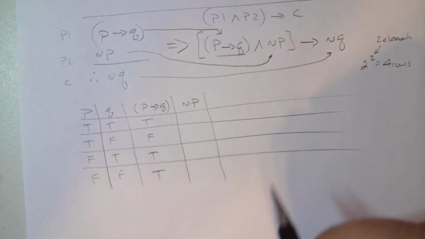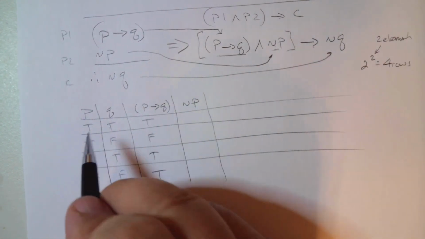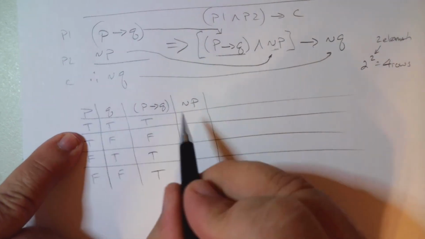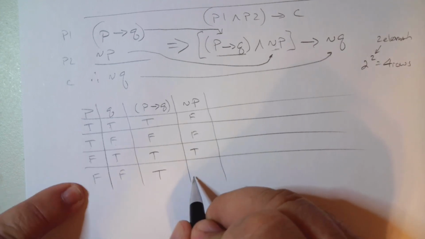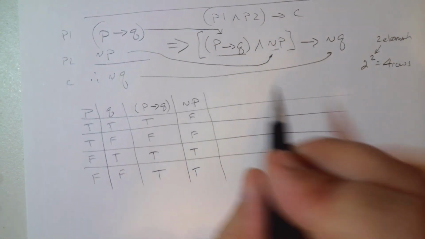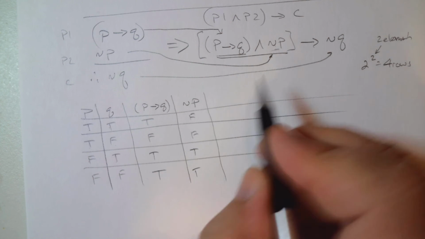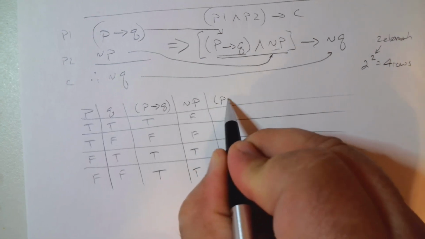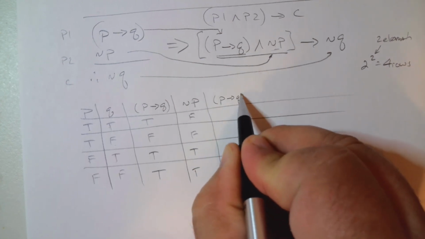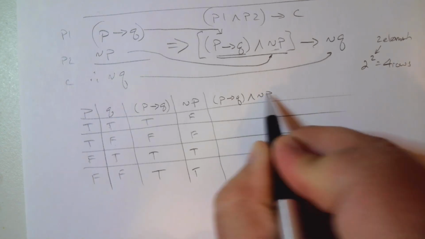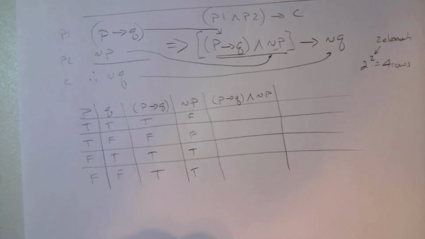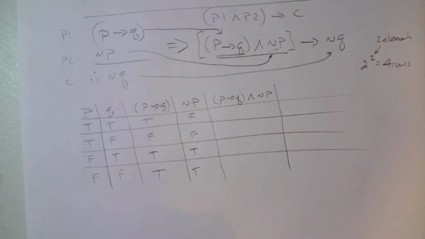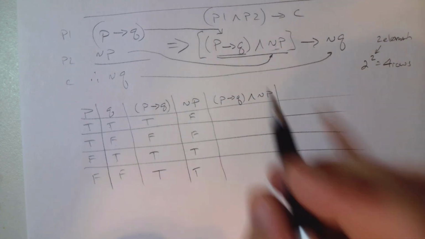We only have to find not P. We have to figure out this one. So not P is just the opposite of the P's. So it's false, false, true, true. So let's do the entire inside. If P, then Q, and not P. Remember, the AND statement is that single pipe. If one valve is open, that's true. If it's closed, it's false.